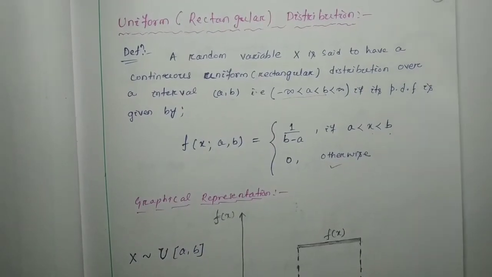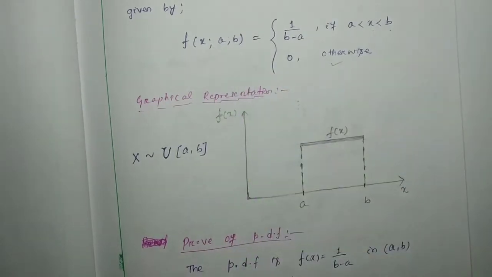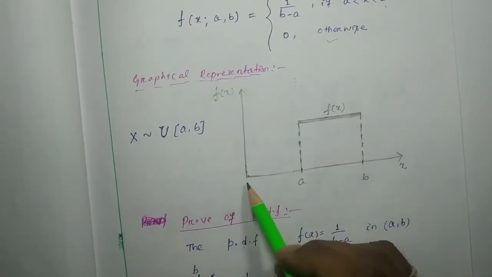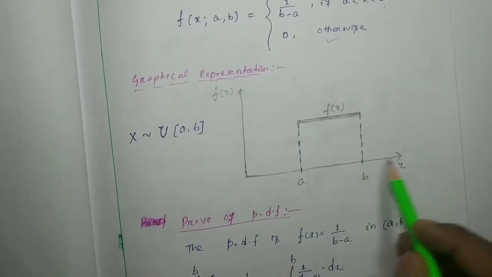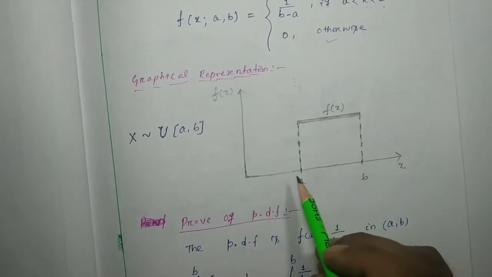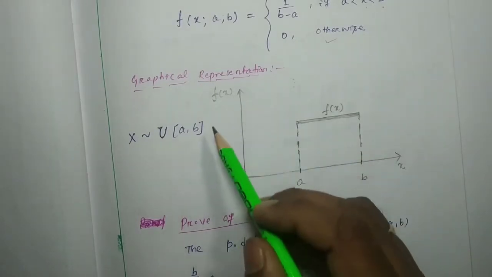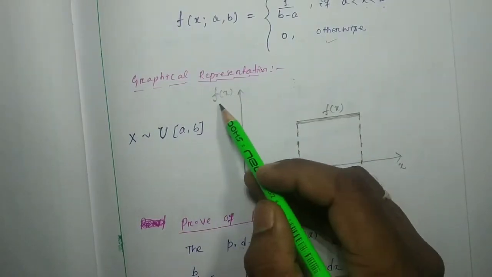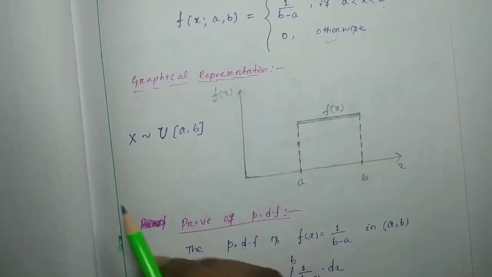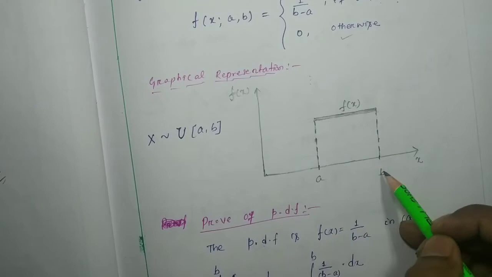Here is the graphical representation of this p.d.f. Along the x axis we take the a and b values, and along the y axis we consider the p.d.f., that is f(x). Here you can see that in between a and b the value is a constant.